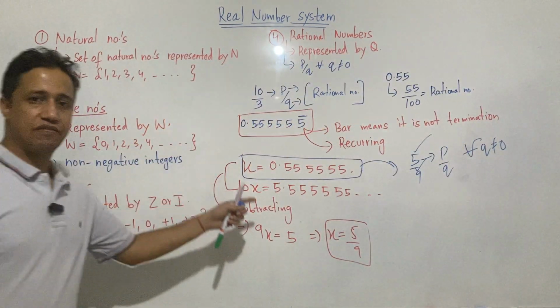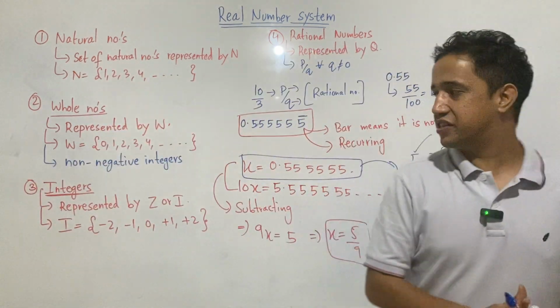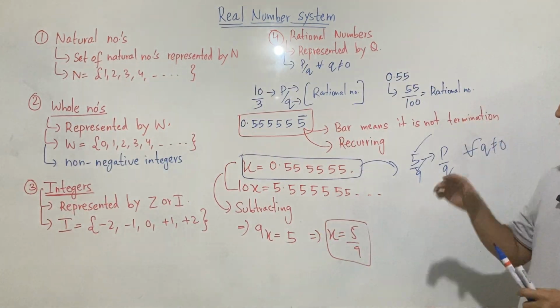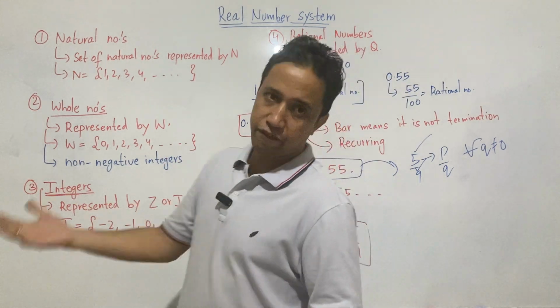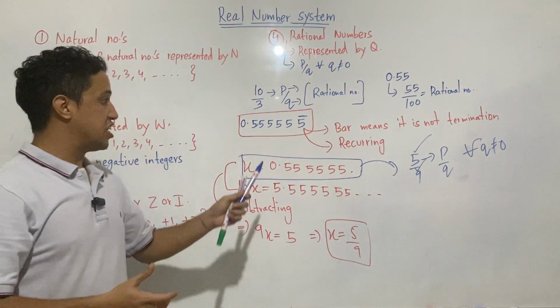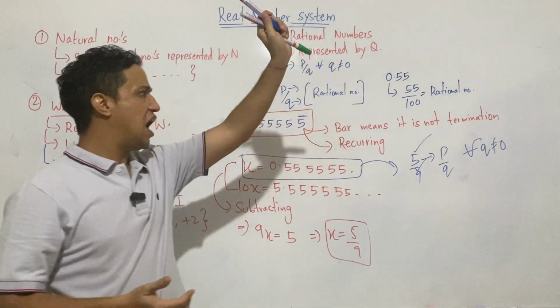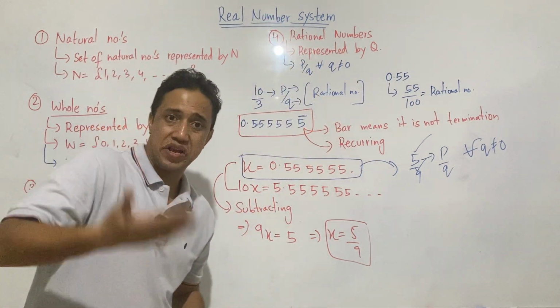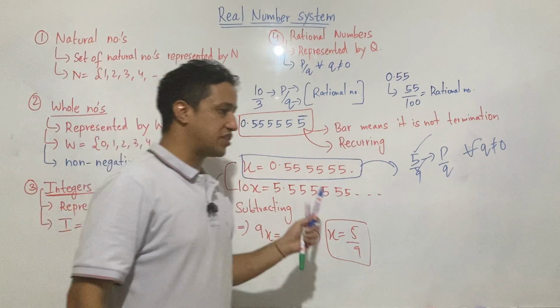So whenever you come across these kinds of numbers having decimals where after the decimal you see non-termination and recurring, what does that mean?